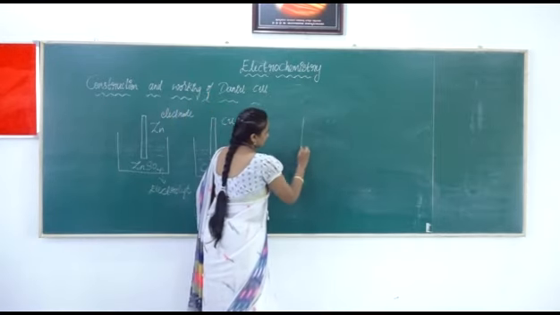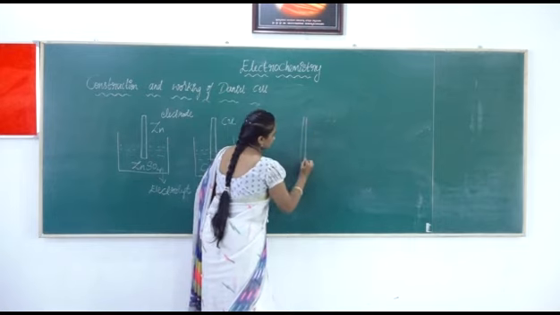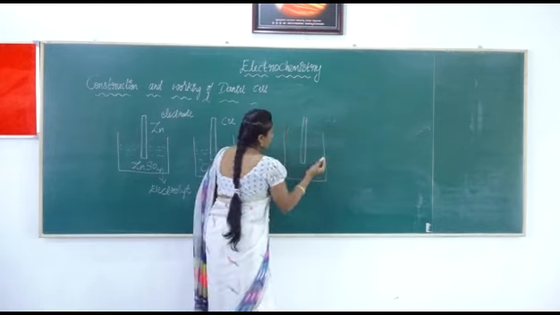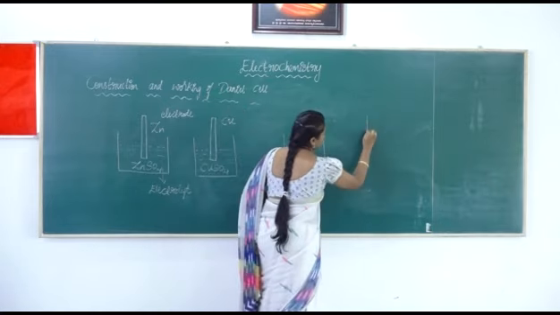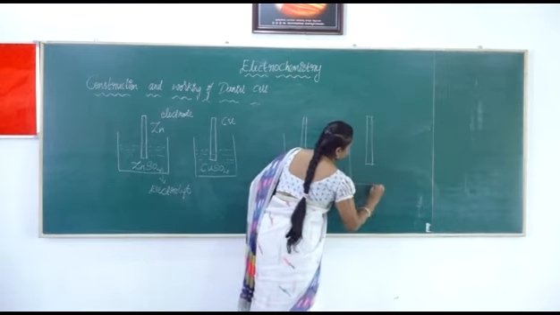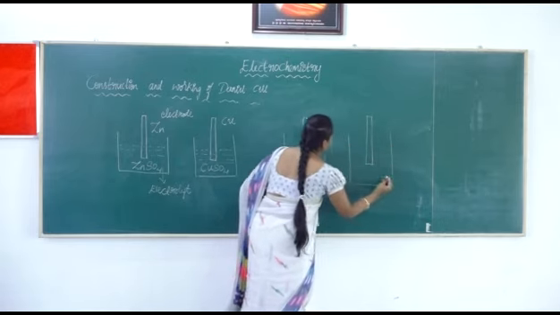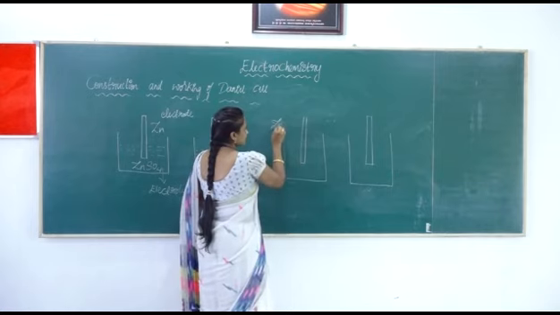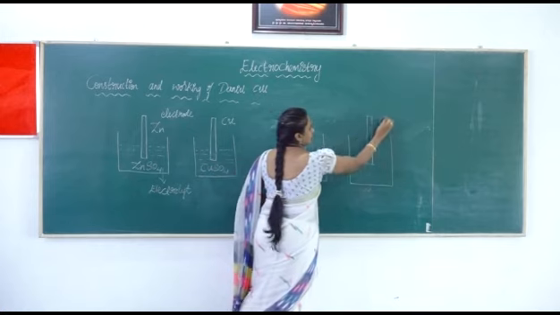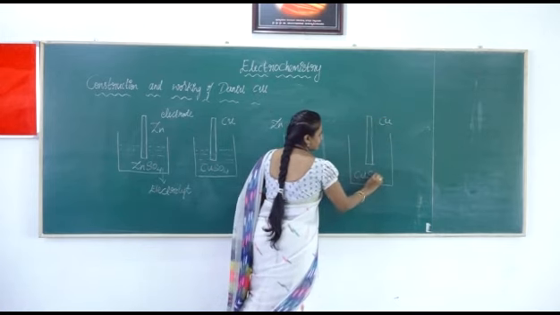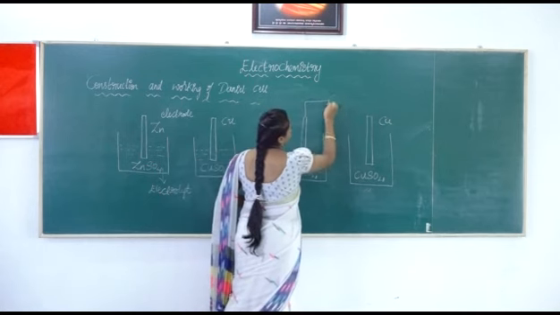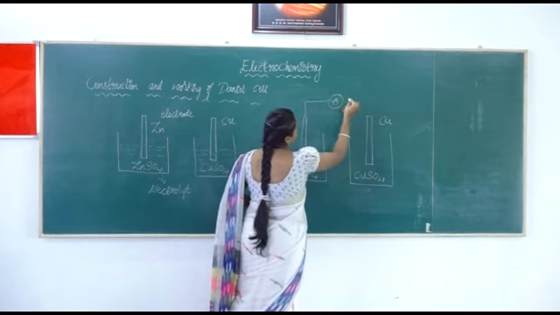Let us consider two electrodes. One is a zinc electrode, another one is a copper electrode, in which the zinc rod is dipped into zinc sulfate solution and the copper rod is dipped into copper sulfate solution. Both the metals are connected to a voltmeter by using wire.